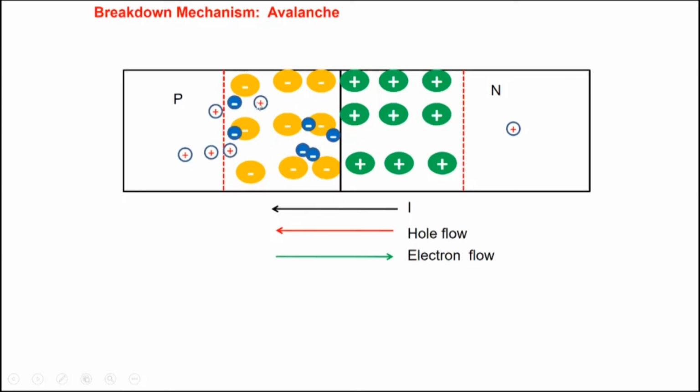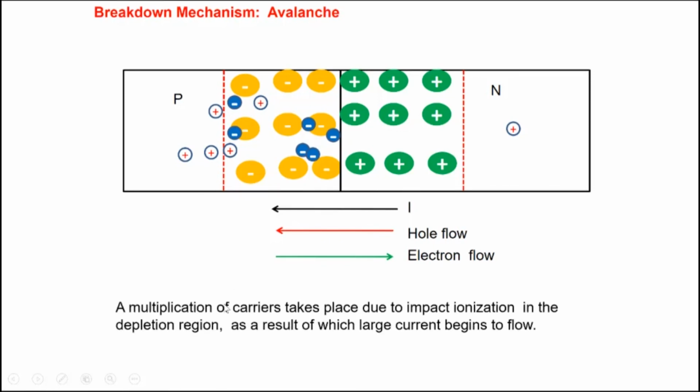They may cause further impact ionization. So what we are looking at is a multiplication process which is occurring. A single electron may enter your depletion region, and through impact ionization may create many electron hole pairs, and those electron and hole pairs will create further electron hole pairs, and there's a multiplication process occurring if the field is sufficiently large, and then you get very high current even in the reverse bias direction here.